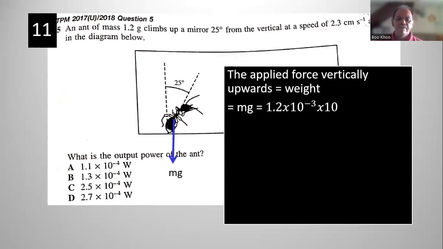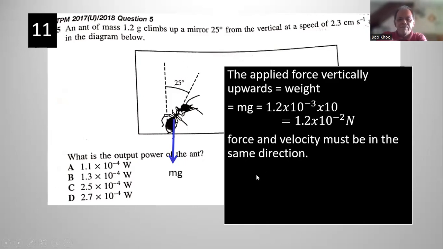Calculate it out. Mass converted to kilogram, and g. As I say, for objective questions we want an approximation, g as 10, so we can do it faster. That's your weight. Force and velocity must be in the same direction. That's how we calculate our work.